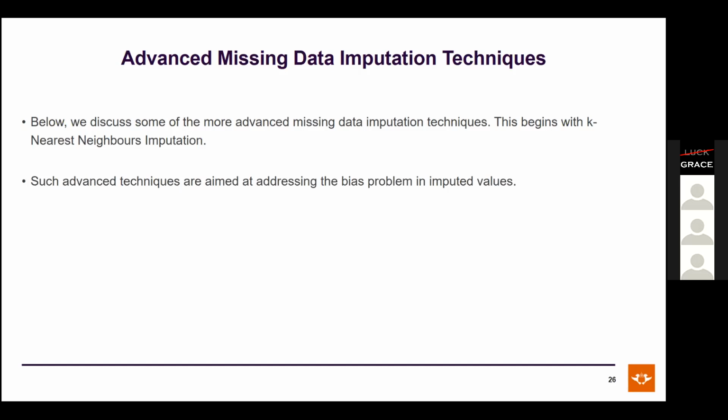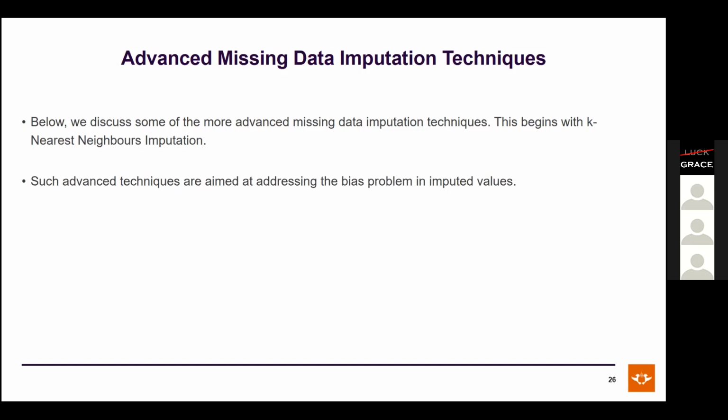So we're going to go from K nearest neighbor imputation. So KNN, K nearest neighbor in itself is already an artificial intelligence technique, which is based on, like the name says, K nearest neighbors. So we have K nearest neighbor imputation techniques, and we have other techniques which use machine learning and deep learning models.